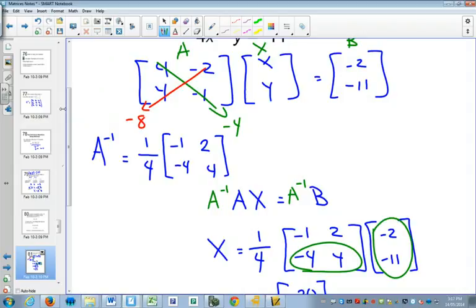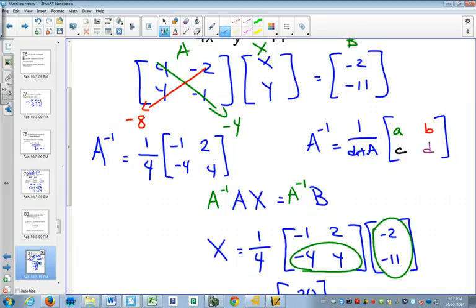So the inverse of A, according to the formula, is 1 over the determinant of A. Then if your original one looked like this, this is what happens.